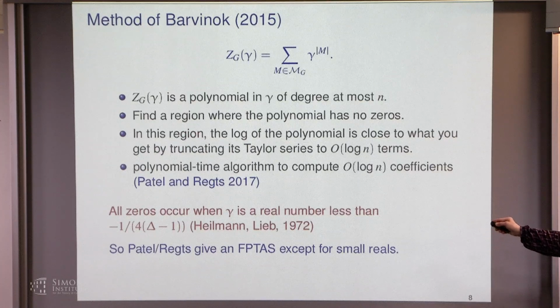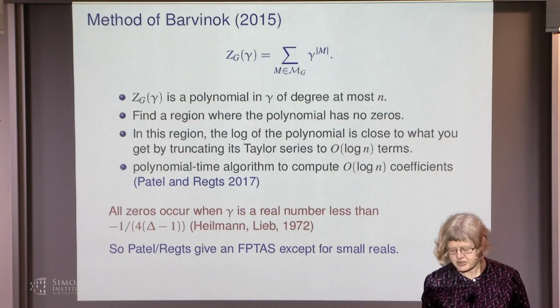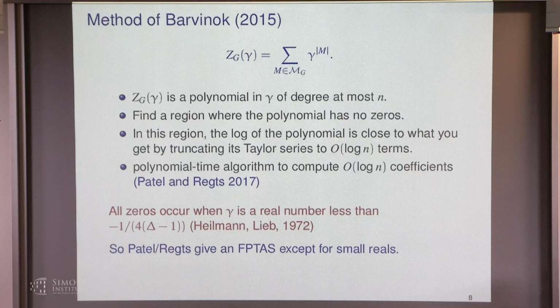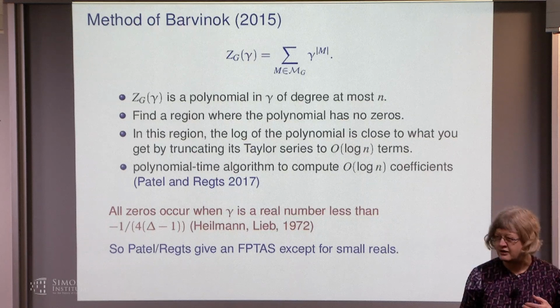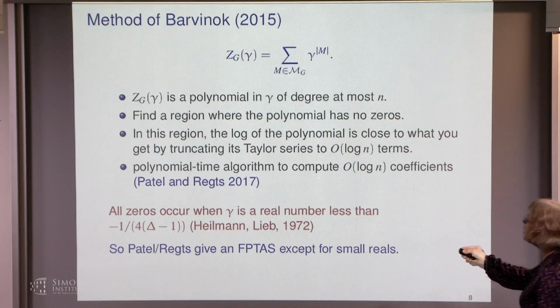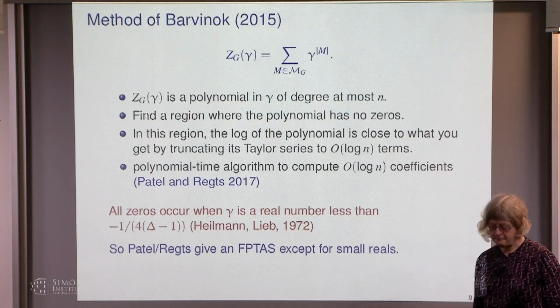Then within the domain, the log is close to what you get if you truncate the Taylor series to log n terms. That would give you immediately an n to the log n algorithm for estimating the polynomial. And then there's a missing piece supplied by Patel and Regts, a clever algorithm for computing these log n coefficients. So as long as we have a zero-free region, we actually get a polynomial time approximation algorithm.